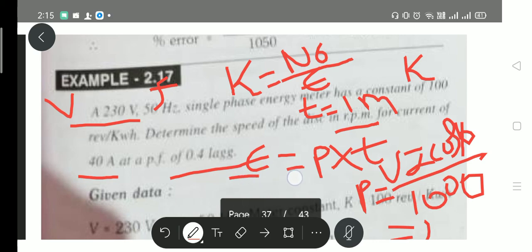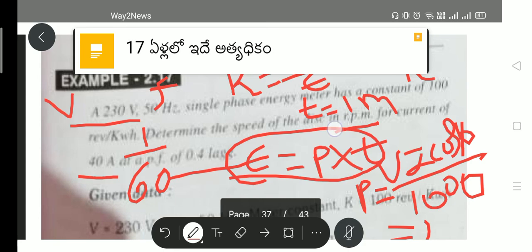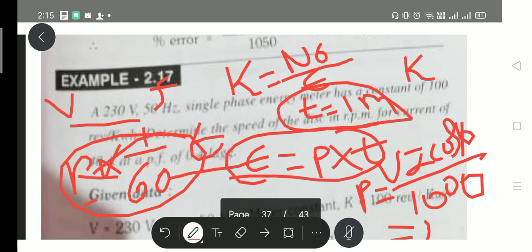Time is given as 1 minute, so we convert into hours, 1 by 60. Power into time gives the energy. Then substitute in the K formula, number of revolutions by energy. We know the K value is 100 and then we can find the number of revolutions.